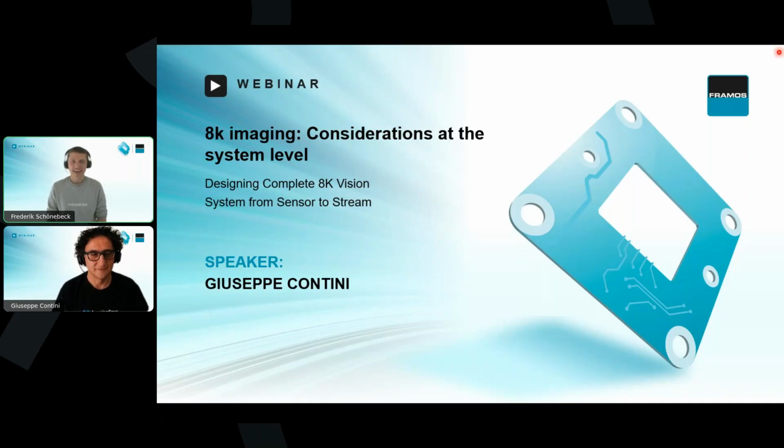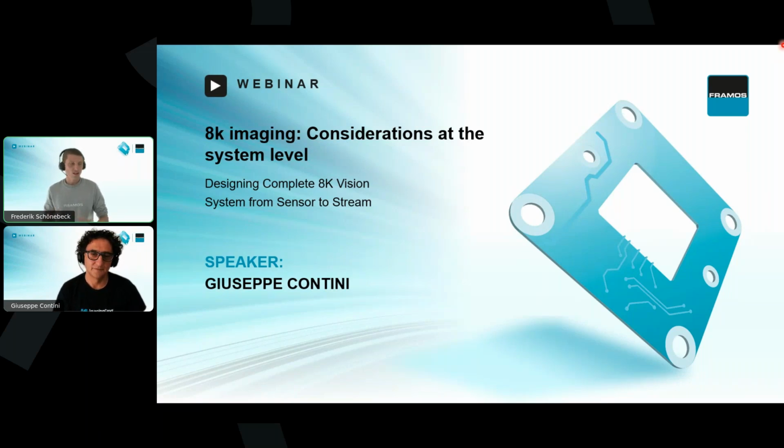Today we're going to have a very exciting topic: 8K imaging, considerations at the system level, designing your complete 8K vision system from sensor to stream. The speaker today will be Giuseppe Contini. In the next half hour, we're going to learn about the challenges that people typically face when building an 8K imaging system.